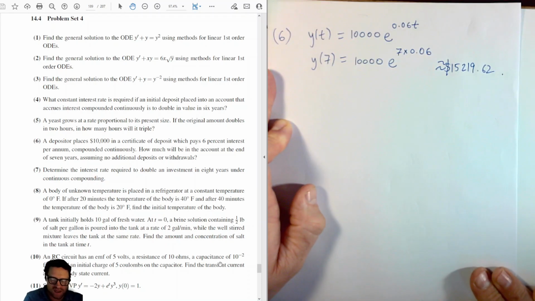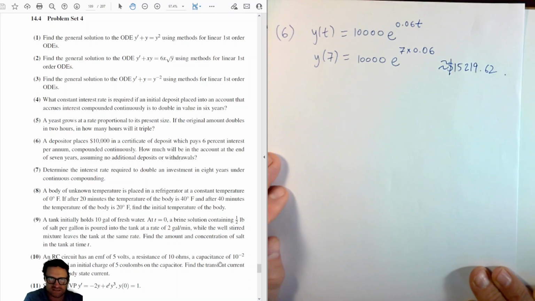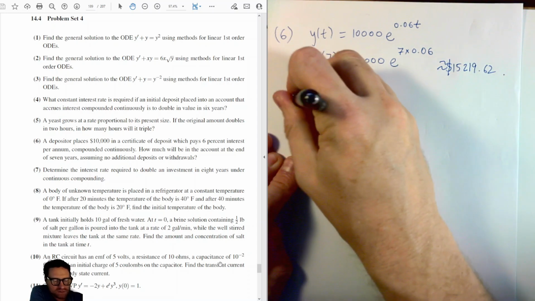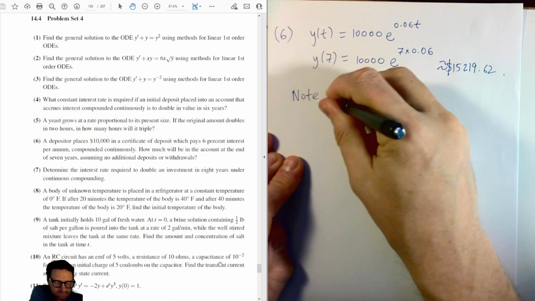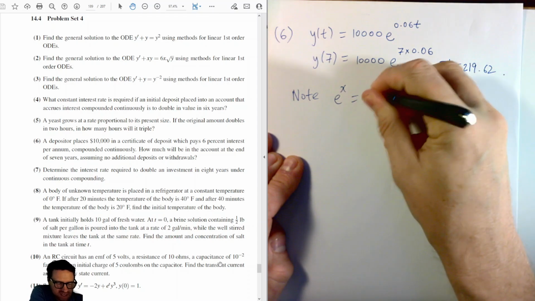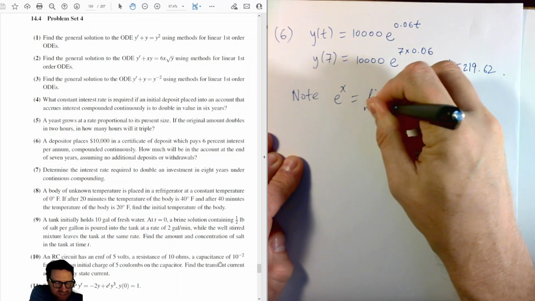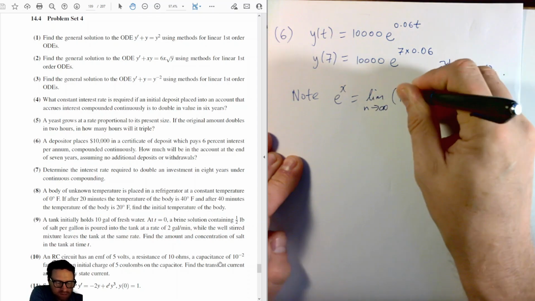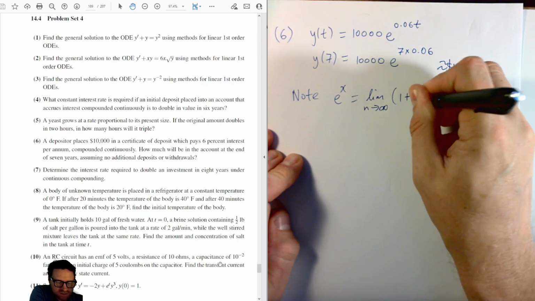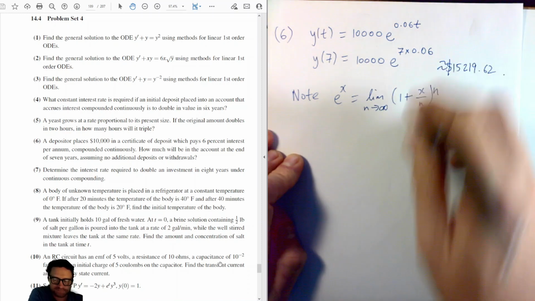Okay, so that one was pretty easy, but let's take some notes here. So note, e to the power of x is the limit as n goes to infinity of 1 plus x over n all to the power of n.